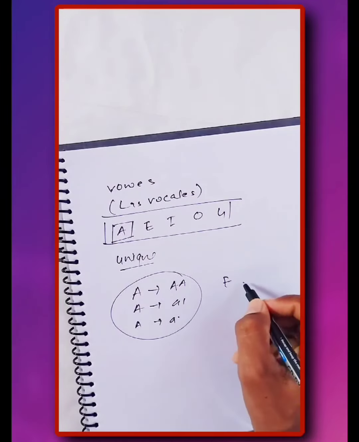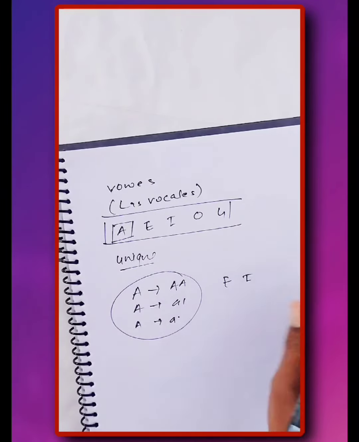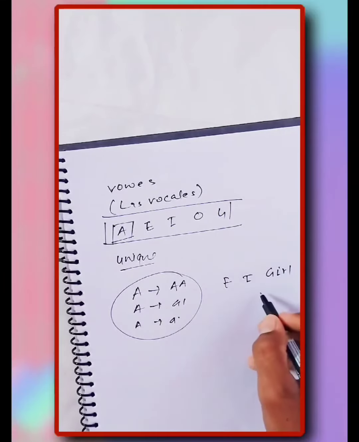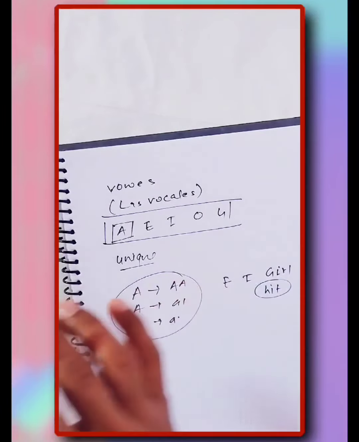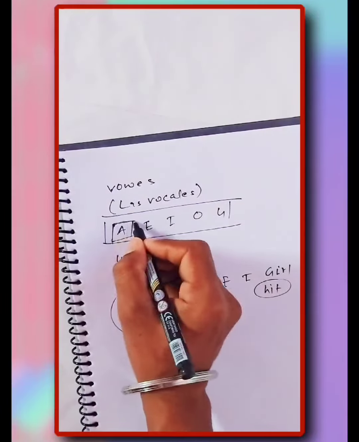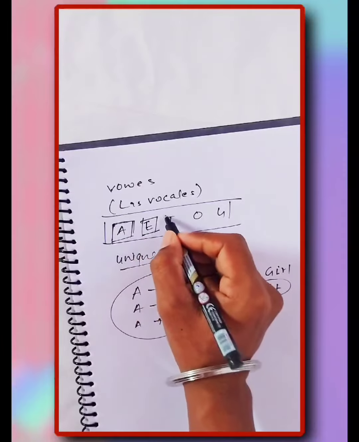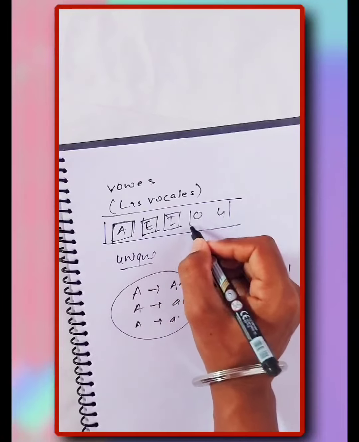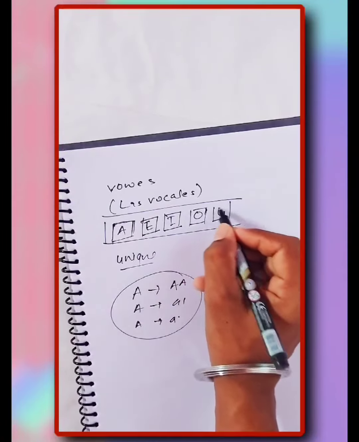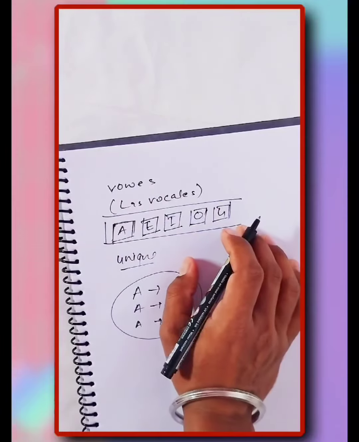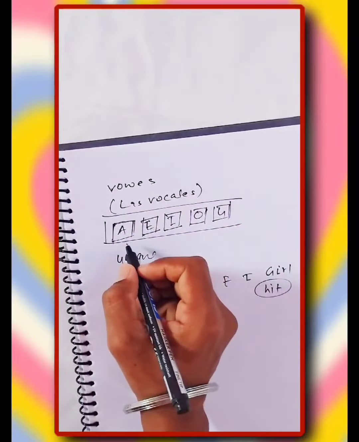E has many different sounds in English. I sometimes sounds like a different vowel, like in girl, or sometimes like an E sound, like hit. But in Spanish, every vowel has a unique sound and it will never change, no matter what combination it comes with. It will always be pronounced in the same way.